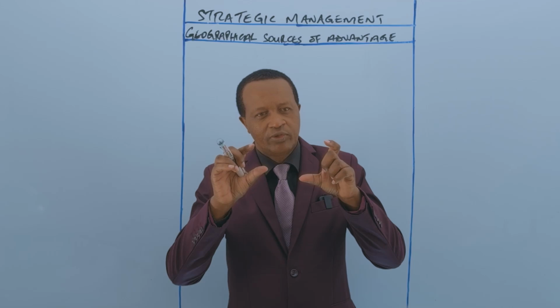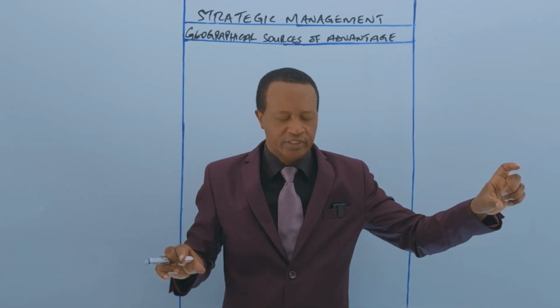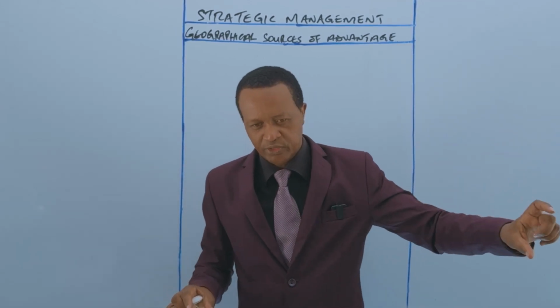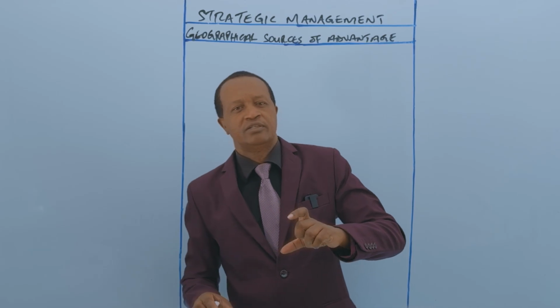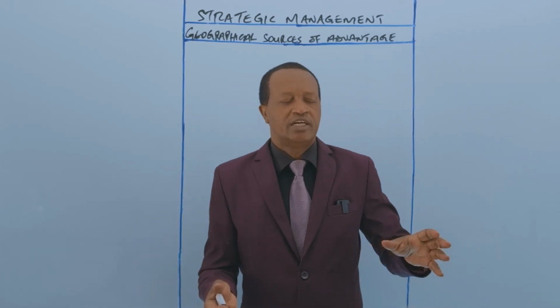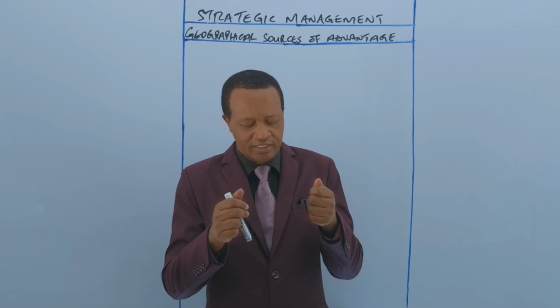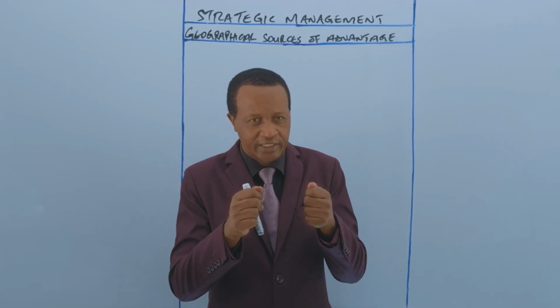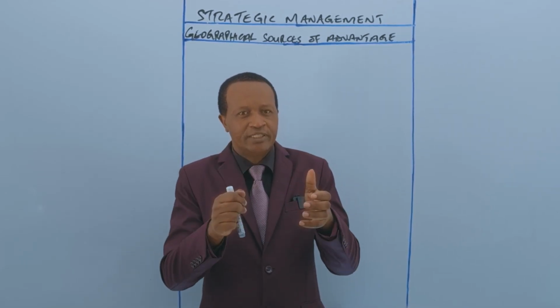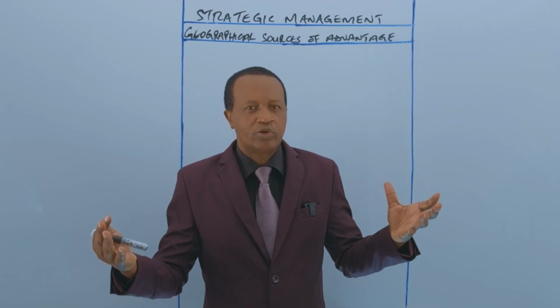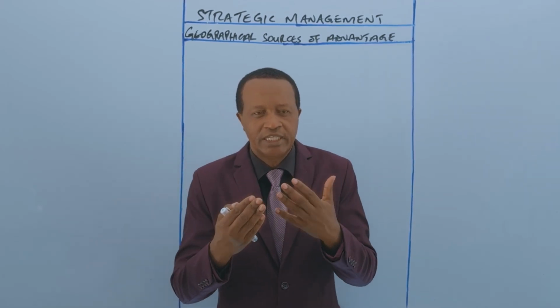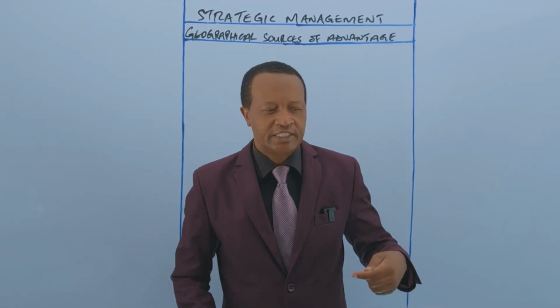Because while many resources can be moved, you can move capital, you can move machinery and other assets, but certain advantages are what I call sticky. They are deeply embedded in the local environment and cannot easily be replicated elsewhere.